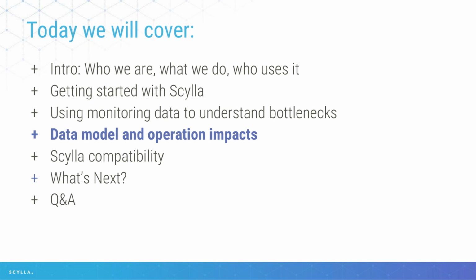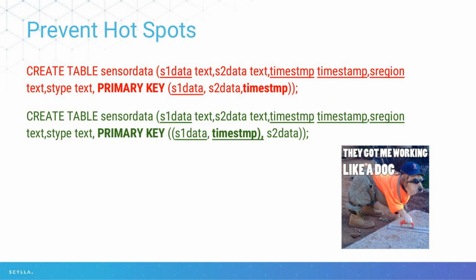Great. Let's talk a little bit about data modeling. In many cases, we see our users trying to run a workload and they get stuck. What we find out in many cases is that they cannot provide a very good sharding capacity for our database. In many cases, you will see, for example, that there is not enough entropy in the primary key. To get a primary key that is partitioned correctly and more evenly across our shards, what we ask you to do is provide a very granular way to cut the partitions into the shards.